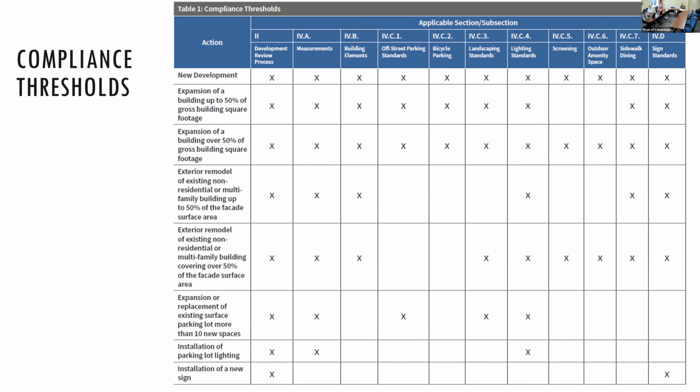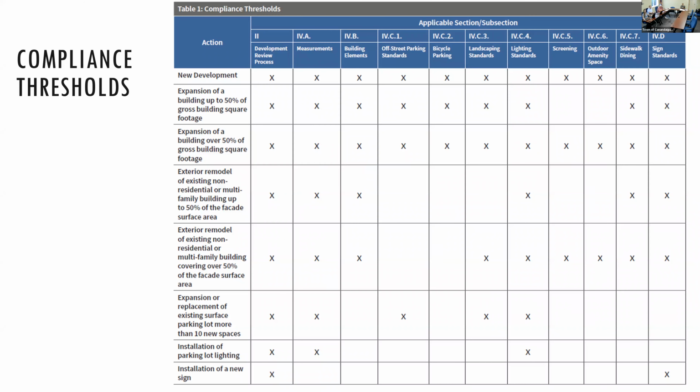In the left-hand column of this table, you can see all the potential actions that might occur: a completely new development, the expansion of a building up to 50% of its existing gross building square footage, over that ratio, exterior remodels, installation of parking, installation of new signage.